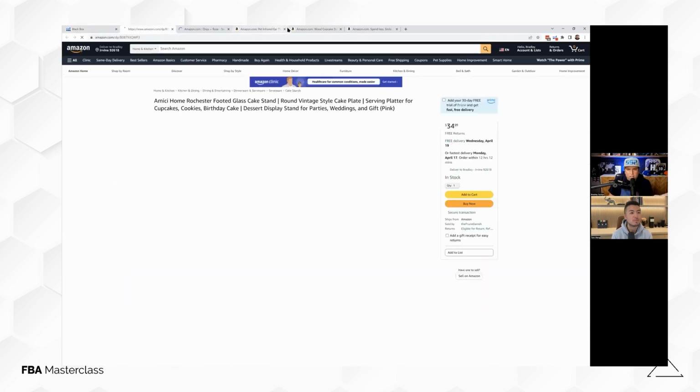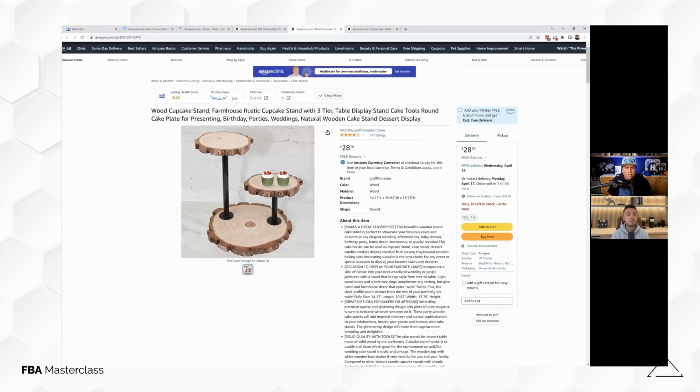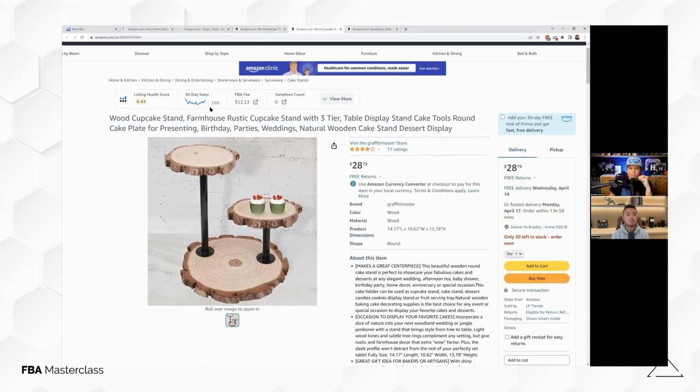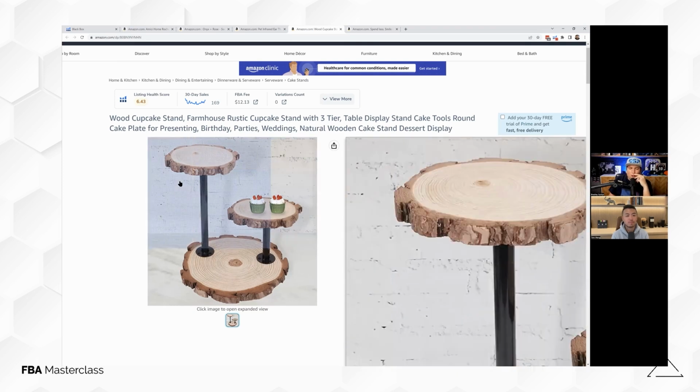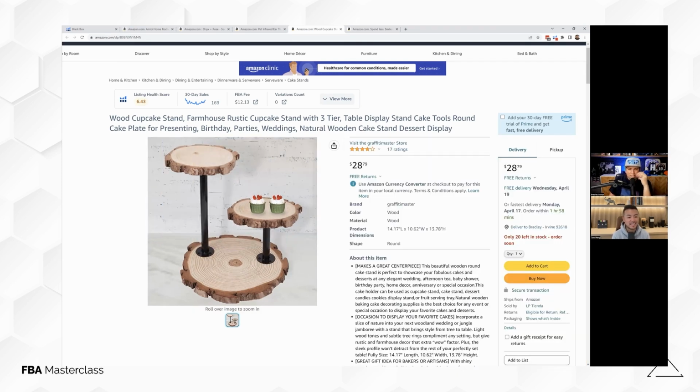All right, let's take a look at some of these ones that we found here. So take a look here, guys. Here's a product. They've sold about 200 units in the last 30 days. They've got one image. And what else is wrong about this image, since this is the main image here? It's against Amazon's terms of service. The quality seems very low. Yep.